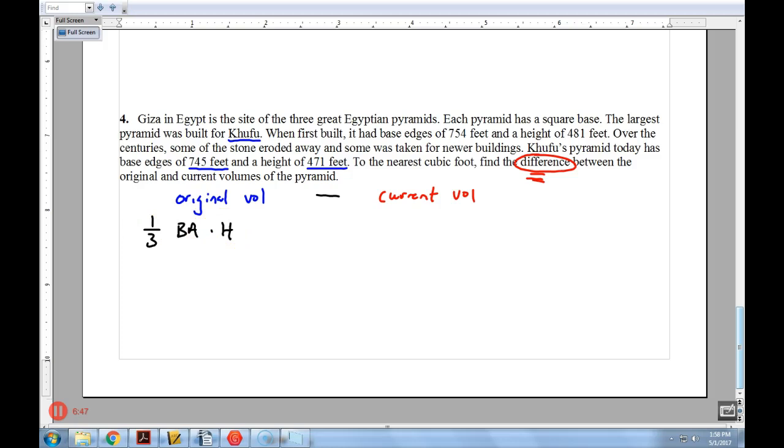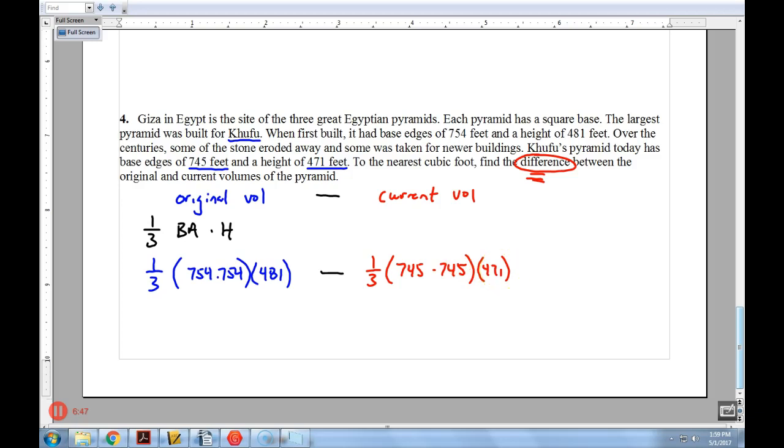For the original pyramid, the base area was 754 times 754, because that was the square base, times the height of 481. And then I'm going to subtract from that its current dimensions, 1/3 times 745 times 745 times the height, which is now 471.